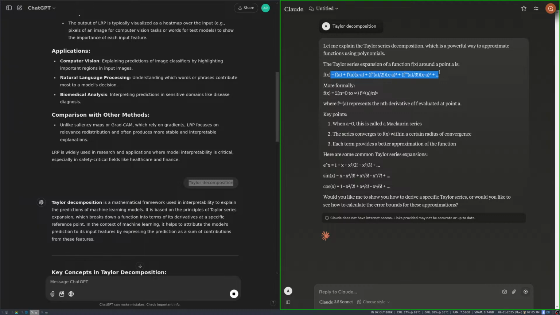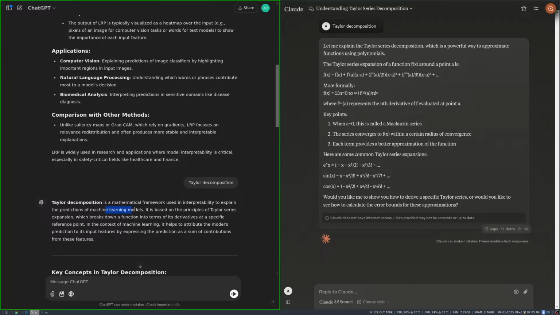Taylor series explanation, more formally. It is based on the principle of Taylor series expansion, which breaks down a function into terms of derivatives at specific reference points.